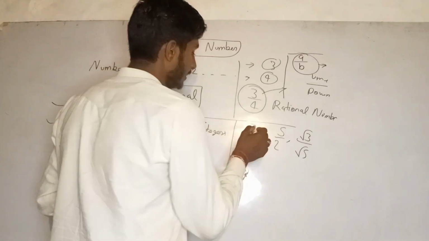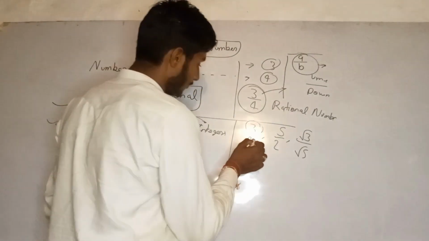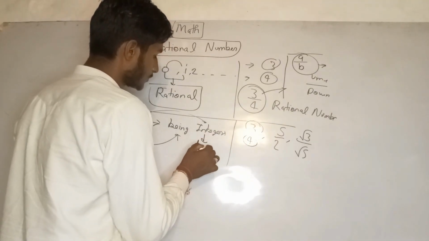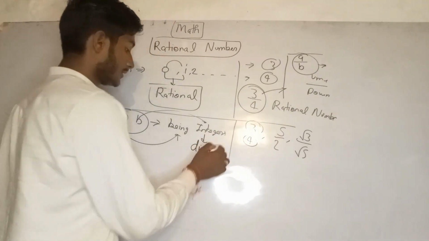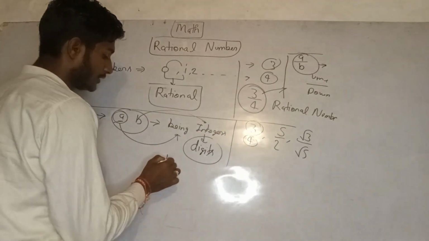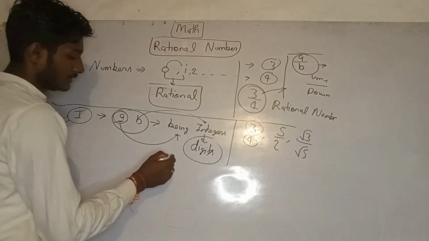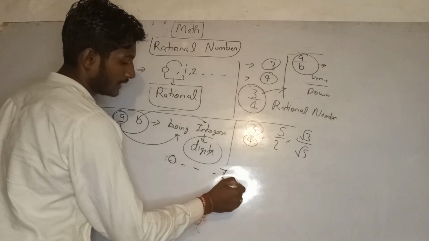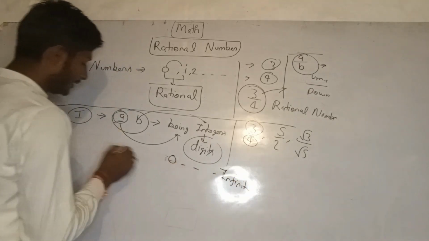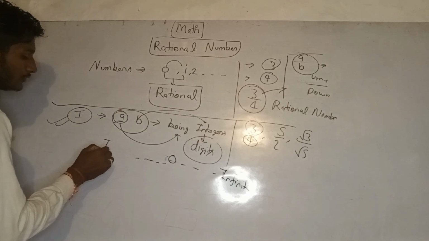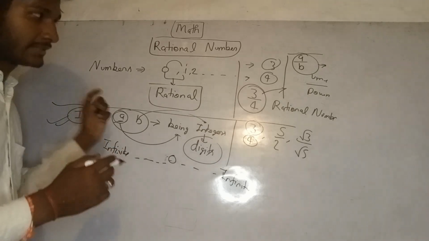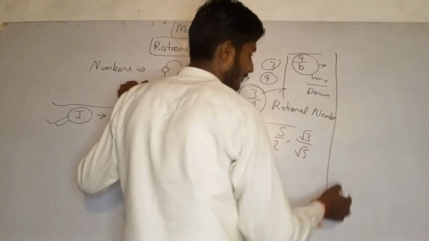we find that 3 is an integer, 4 is an integer. Integer means digits, 0 to infinity, and this side also infinite in the negative.